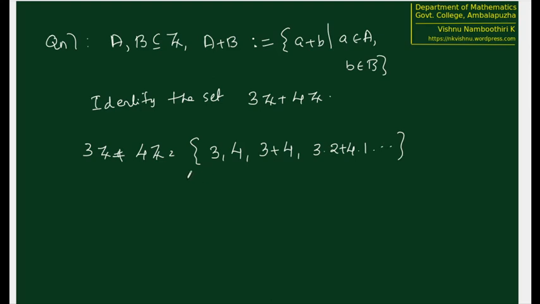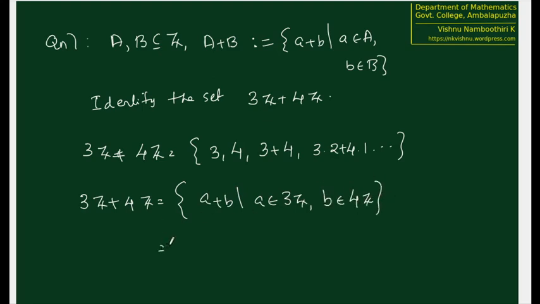But instead of that, we will try to write down the symbolic definition for this set. 3Z plus 4Z consists of elements of the form a plus b, where a is from 3Z and b is from 4Z. Elements from 3Z will be of the form 3m. So this is nothing but 3m plus 4n, where m belongs to Z, n belongs to Z. 3m is a, 4n corresponds to b.